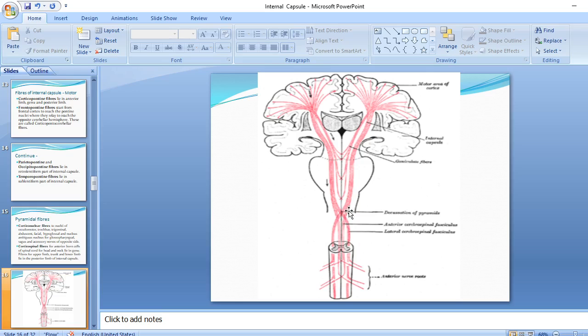In the lower part of the medulla oblongata, you can see these fibers cross to the opposite side, and then they terminate in the anterior horn cells of the spinal cord, and in the spinal cord they form the lateral corticospinal tract. We will discuss the relations in detail when we see the structure of the spinal cord and medulla oblongata.